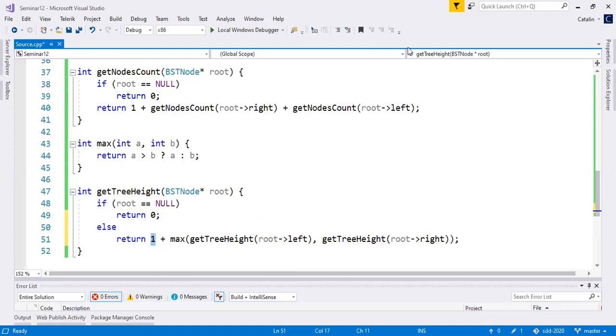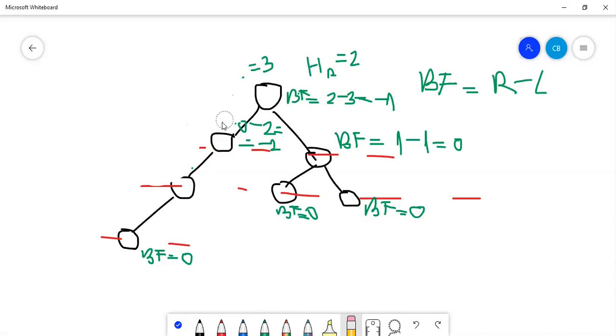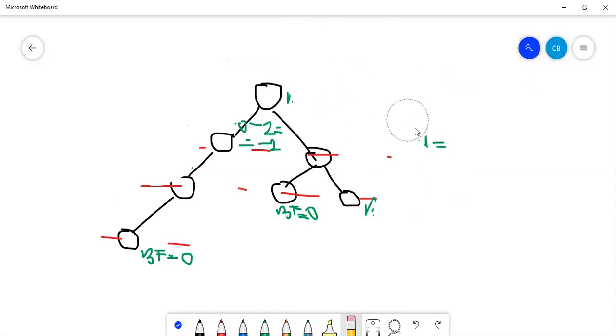Let's test this. So if I go back here, I will call getTreeHeight, and we are here. So let's try to clean a little bit this part here, and I will write the values on this side. Okay, so we call it here to check the recursion.